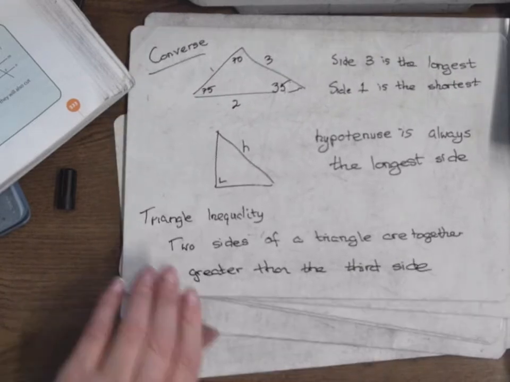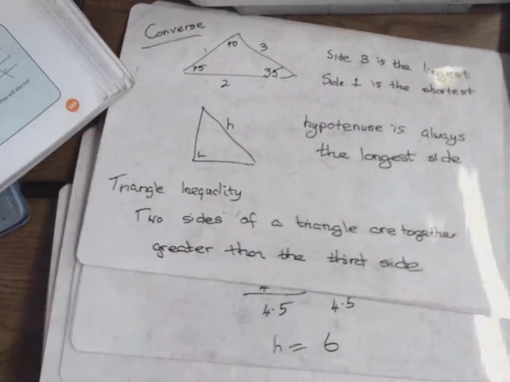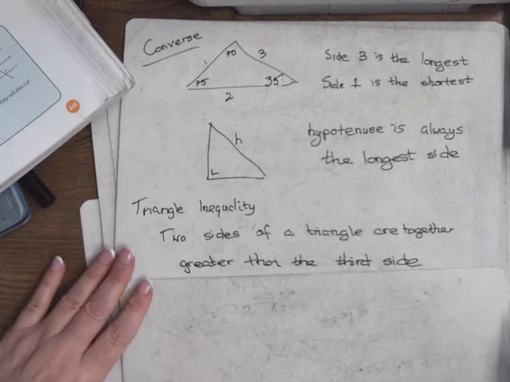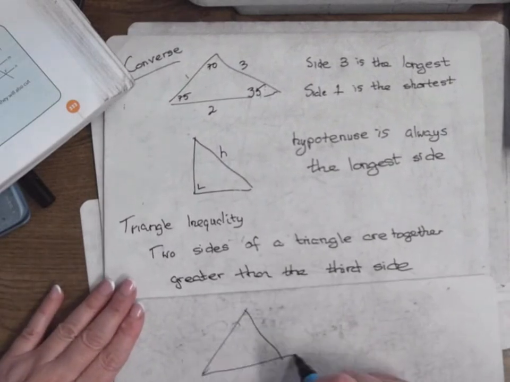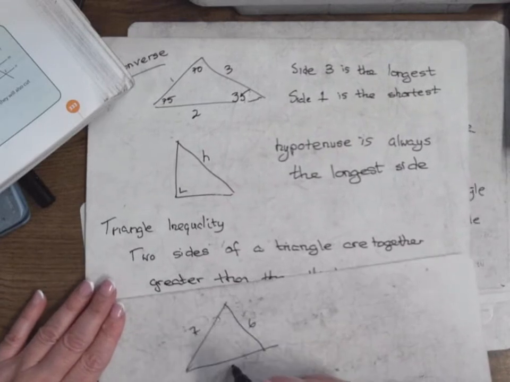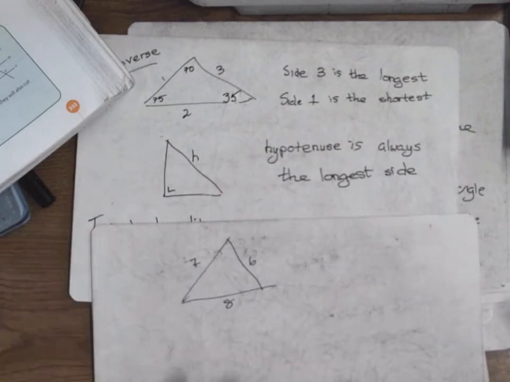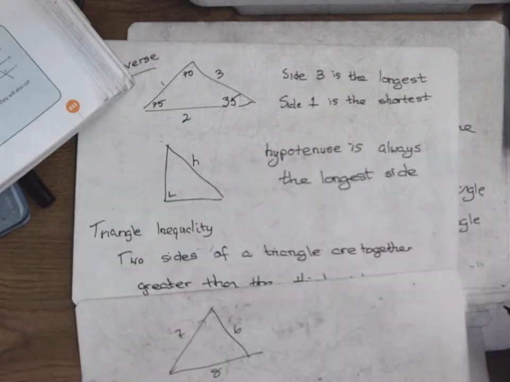Two sides of a triangle are together greater than the third side. What do I mean by that? If I have a triangle, and I'll go back to the one I had a minute ago, 6, 7 and 8. If you add any two sides, it'll be bigger than the other side.